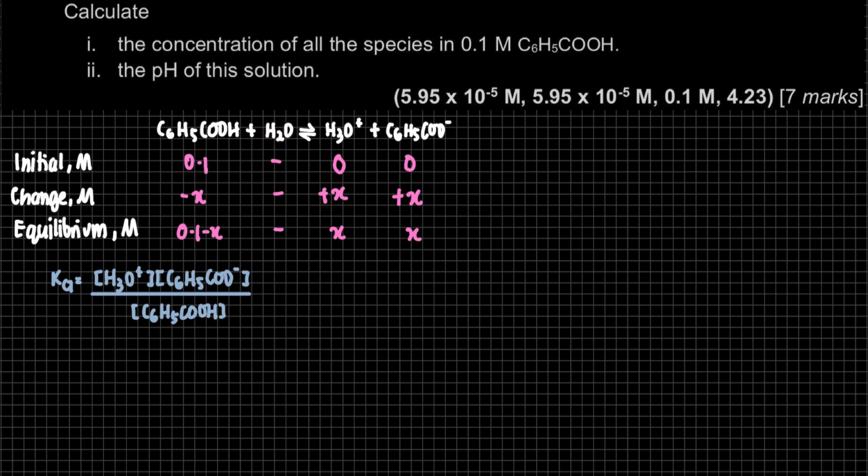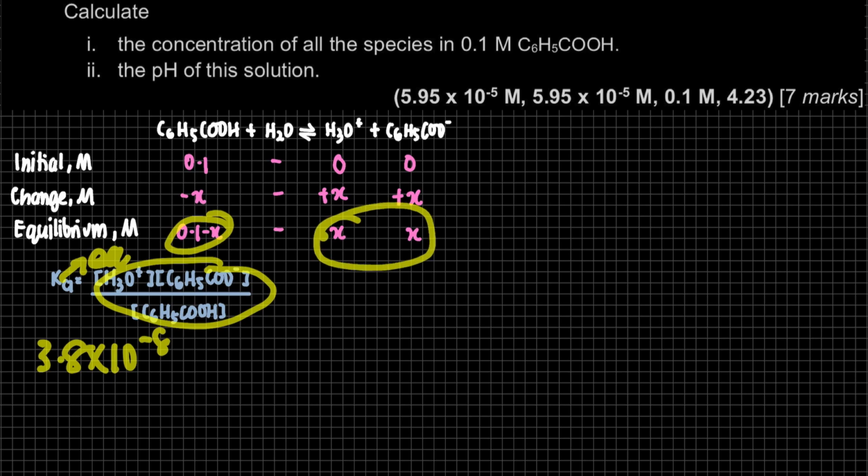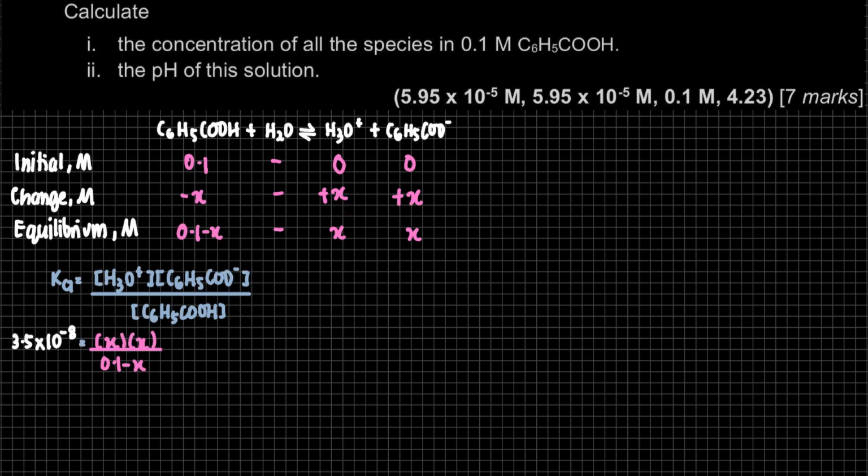The value is given in the question, 3.8 exponent negative 8. So what is the value that we have to substitute? Again, K means the reaction is in equilibrium, so we have to substitute the values in equilibrium. Once you have substituted, you can calculate and find your x, because we have to find the concentration here.